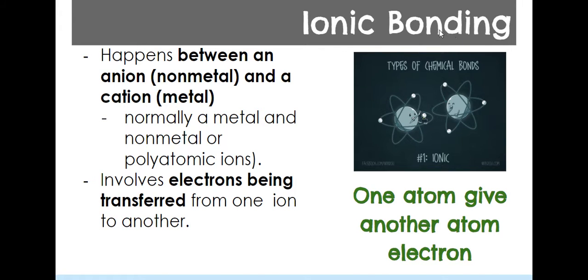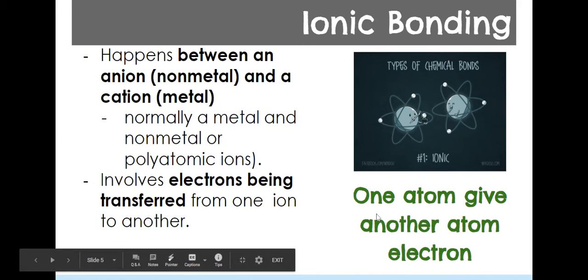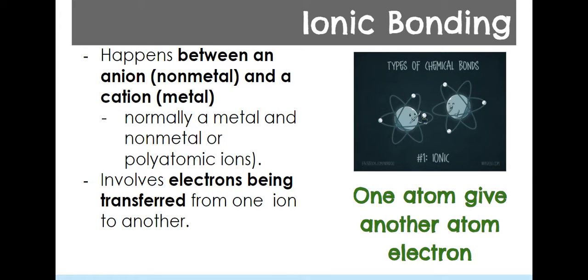So in this image over here, we can see that you have one atom giving away, as sort of like an engagement ring, its valence electron to another atom, which is happily receiving it. It's one atom giving another atom its electron or electrons. It depends on what needs to take place.